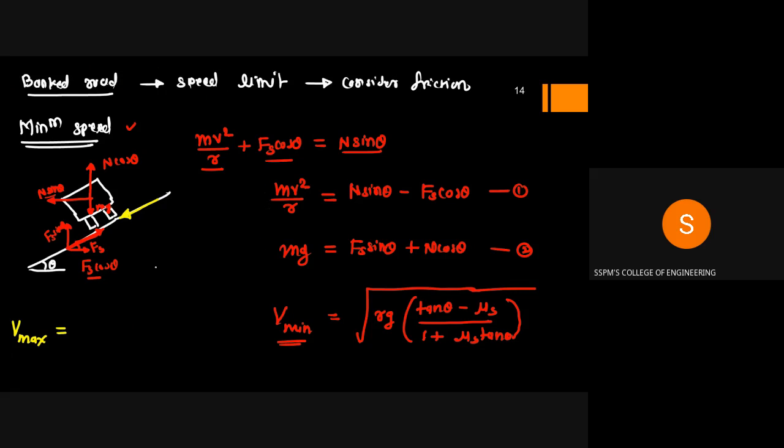So Vmax is equal to the square root of Rg in bracket tan theta plus mu s upon 1 minus mu s tan theta.